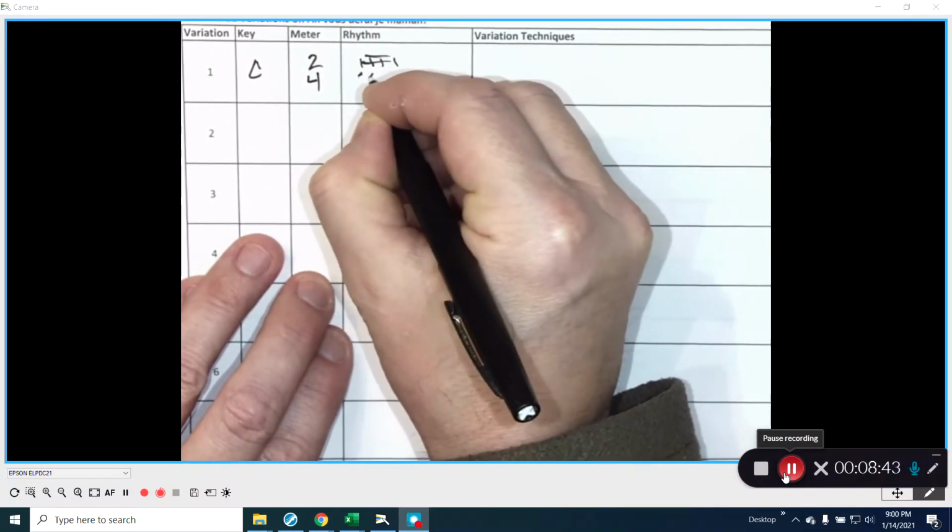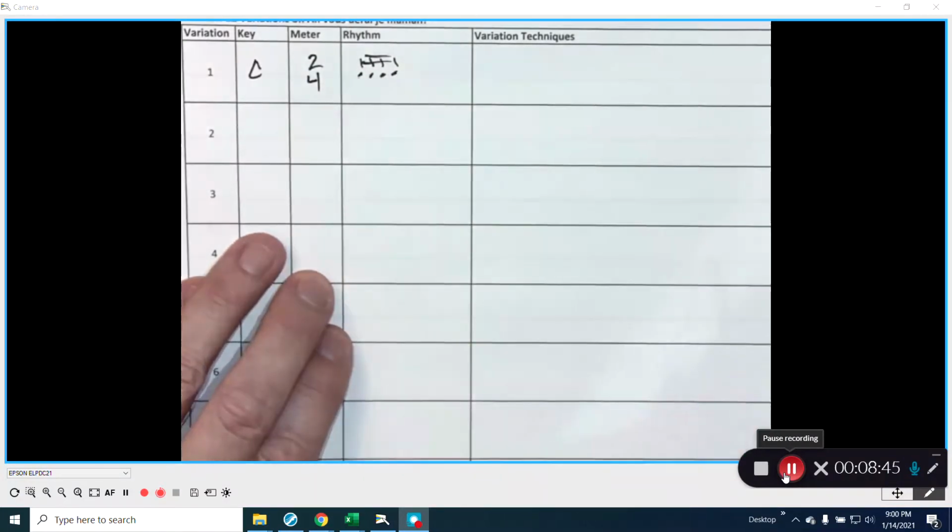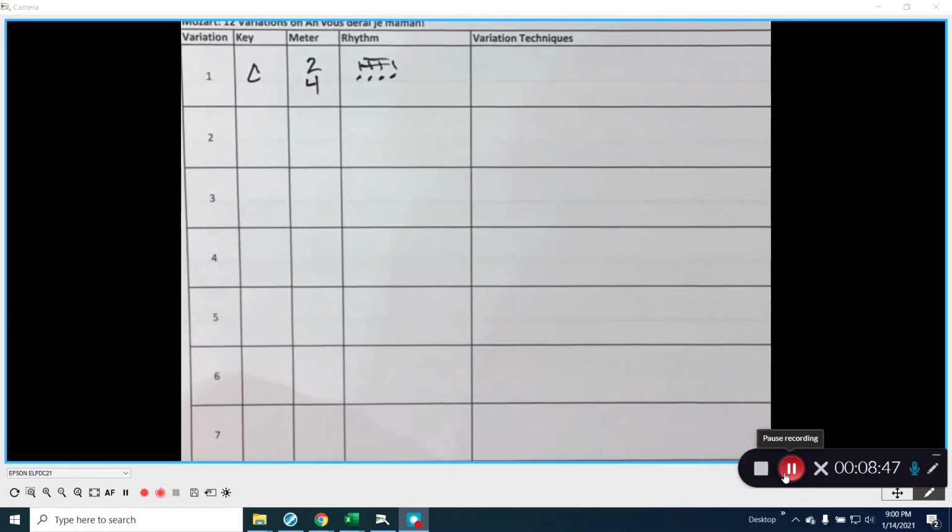So we can just kind of make a little rhythm pattern to show that that's the primary pattern. Because rhythmic variation is one of the most common types of variation technique, we would expect to find various types of rhythms in this box.